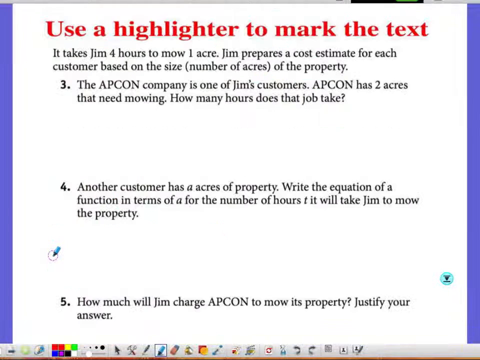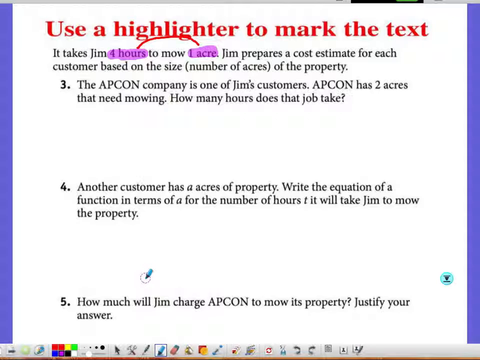Okay. Moving on to the next set of questions. If Jim takes 4 hours to mow 1 acre, okay, so we have some new information here. We have 4 hours and 1 acre, so these are connected together. It takes 4 hours to mow 1 acre. Jim prepares a cost estimate for each customer based on the size, number of acres, of the property.